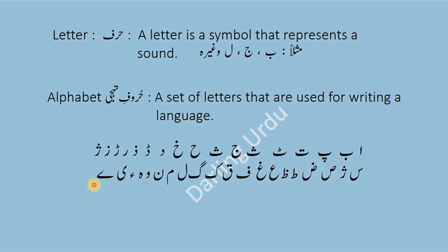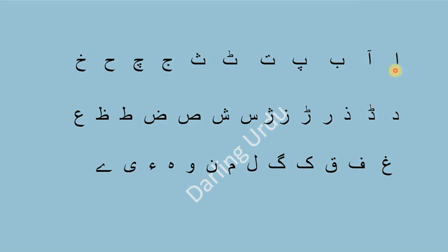This set is called an alphabet of Urdu language, and in Urdu it is called huruf tehjī. So this is an alphabet of Urdu language that contains these 37 letters. Students, this is alif and this is badi. From alif to badi, these are 38 letters and this is alif mad.